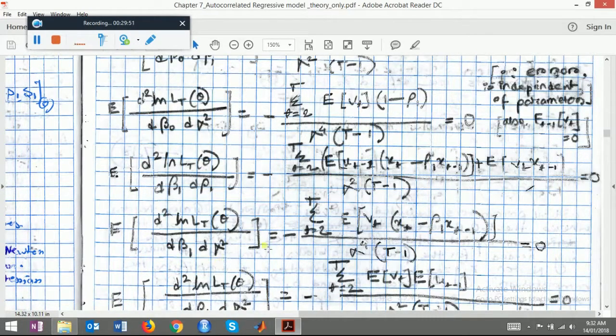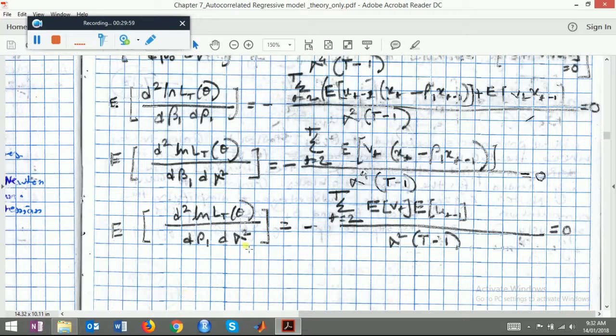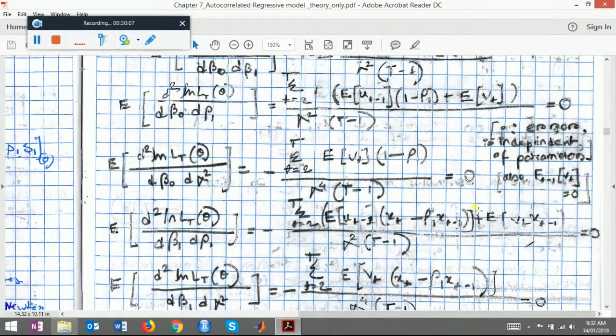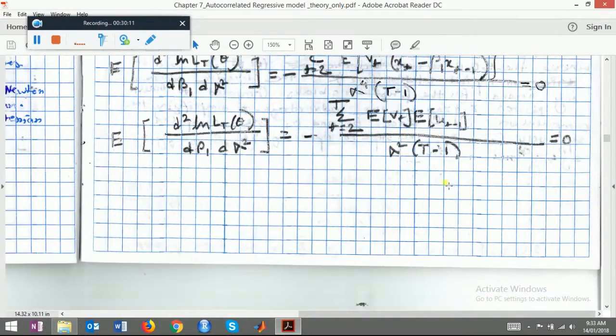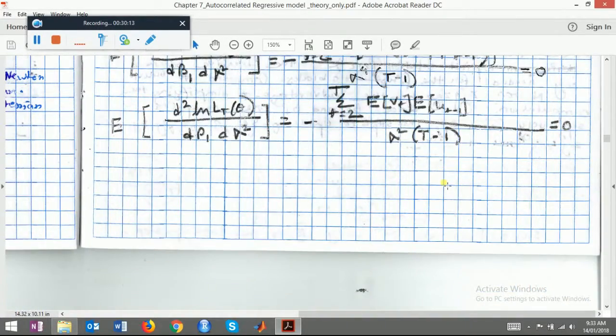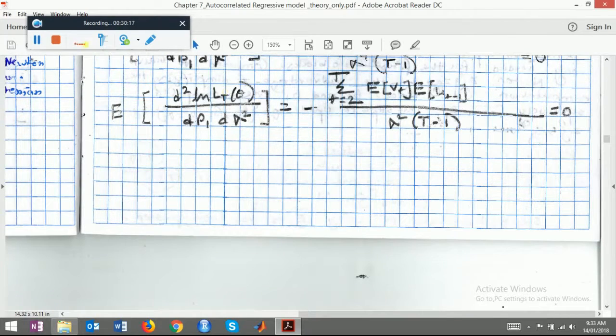For beta 1 we have z2, xt minus 1, and for sigma squared we have vt, same thing, and rho 1 sigma squared. So for sigma squared we have vt, and for rho 1 we have ut minus 1. Exactly, for rho 1 we always had ut minus 1. So that basically is part of the information matrix.